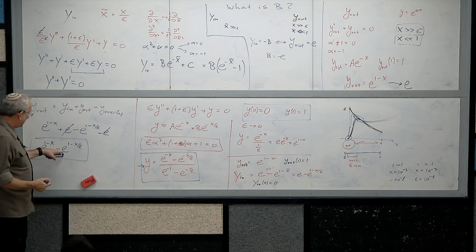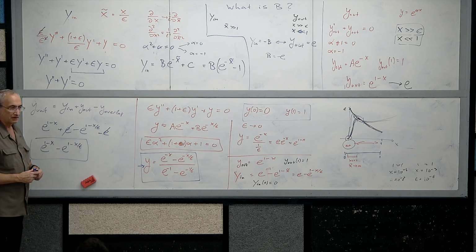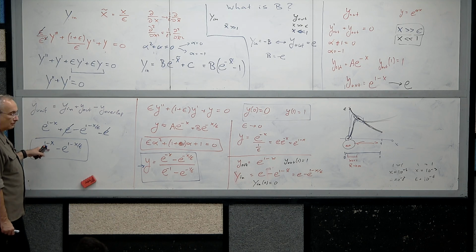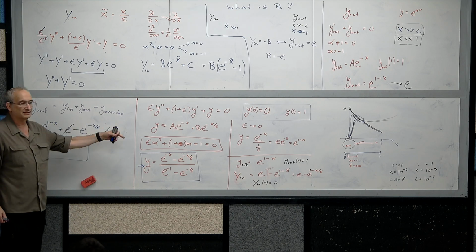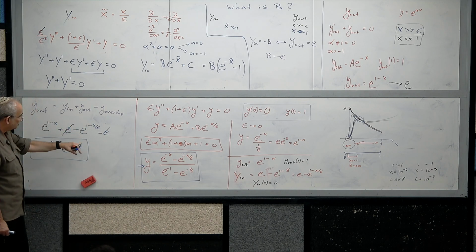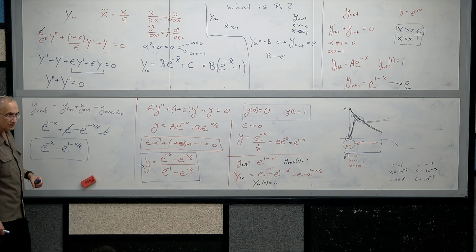How is this doing with respect to the exact solution? What happens when x goes to 0? I have e minus e, it's 0. So the uniform solution satisfies the inner boundary condition. However, the uniform solution does not satisfy the outer boundary condition.